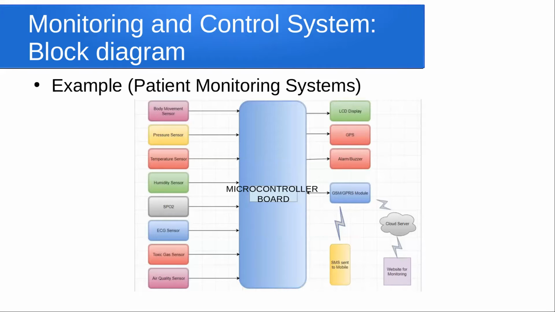Another interesting incarnation of an IoT or embedded system is a patient monitoring system. Basically, a patient monitoring system should have some interface to read vital statistics of the patient to which that system is attached.